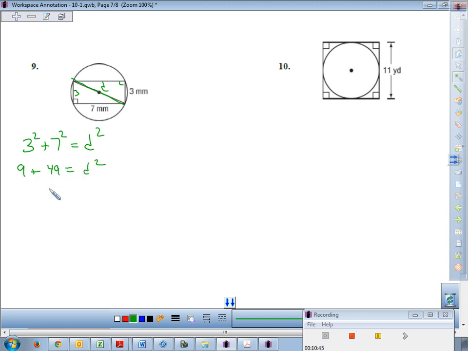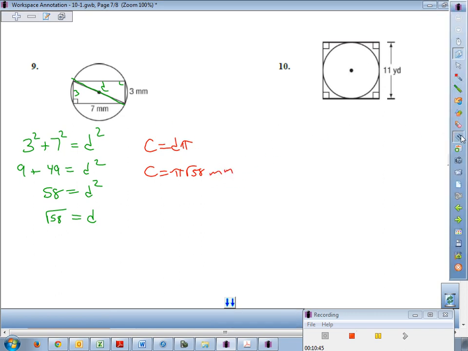Add those together and get 58 equals my diameter squared. So the diameter equals the square root of 58. And then the circumference equals diameter times pi, and the radical comes last, so circumference equals pi square roots of 58 millimeters.